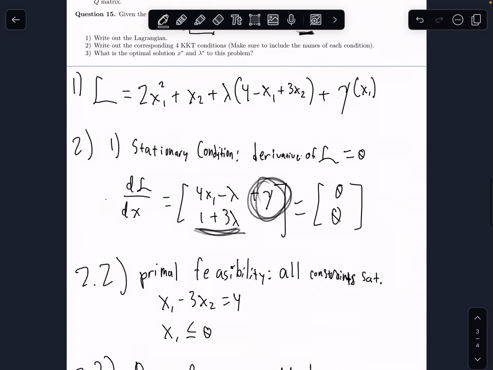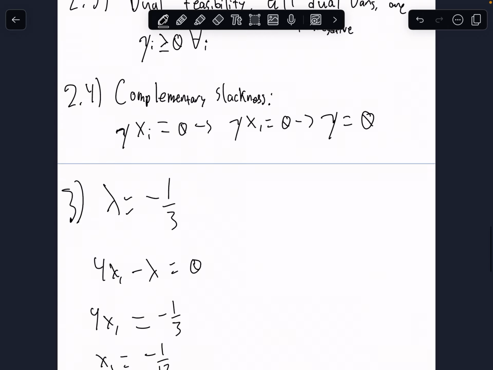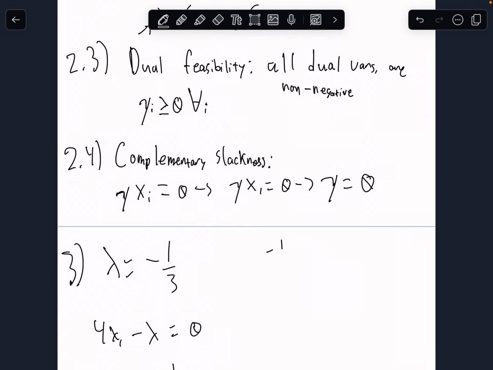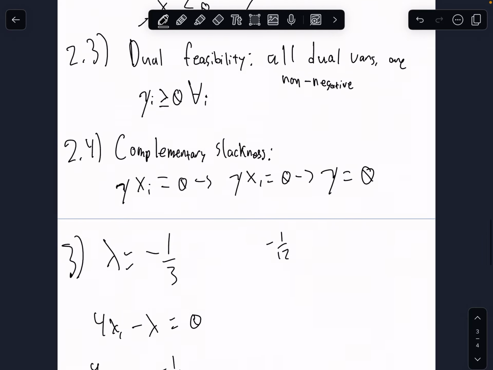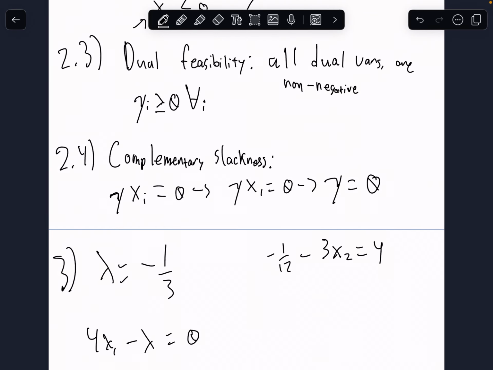Then, using that, we can plug that into here, and it's true. And we can also plug that into here to find x2. So we have negative 1/12 minus 3x2 equals 4.